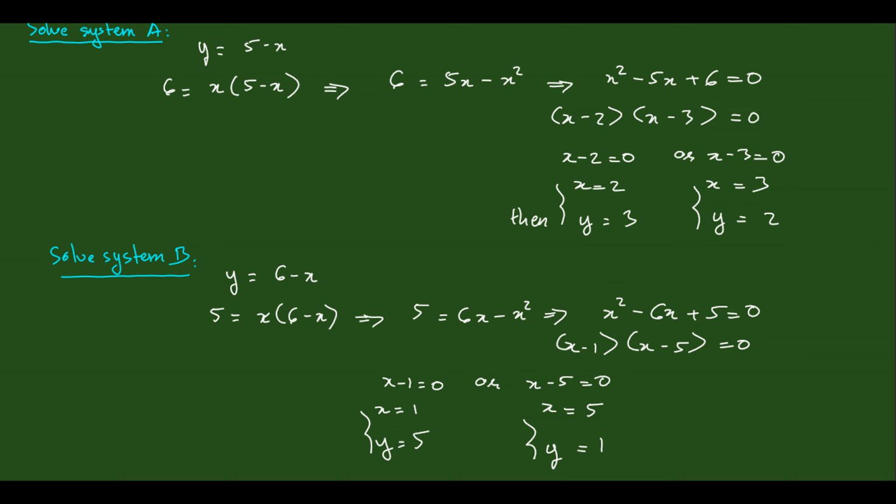We have 1 point, this 1 point right here, 1 intersection, 1 solution, 2 solutions, 3 solutions, and the last one is 4 solutions. So in total we have 4 solutions.